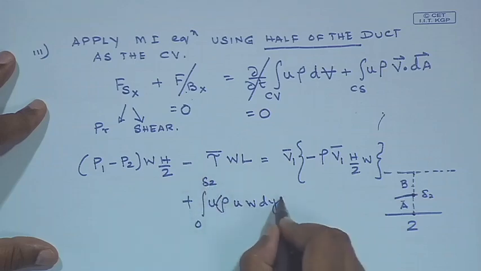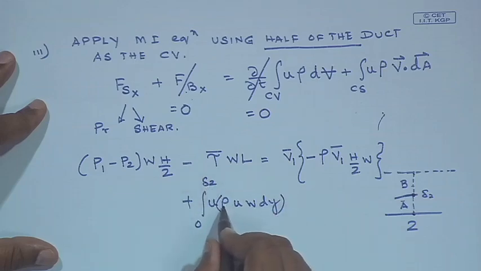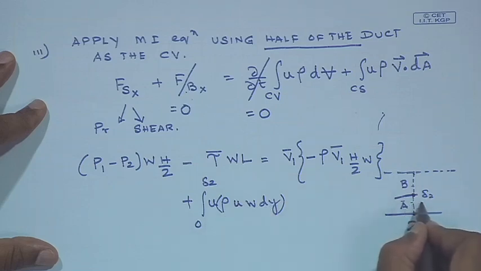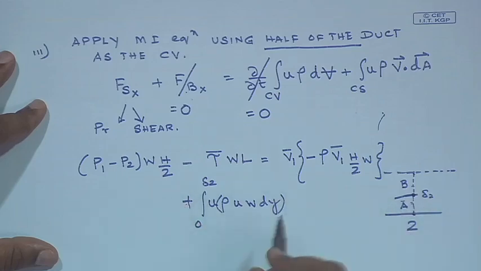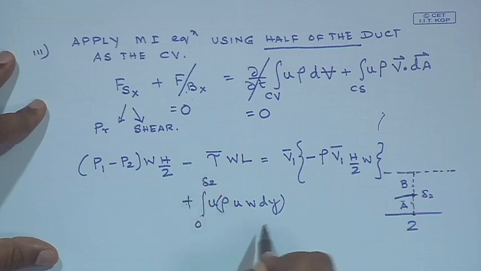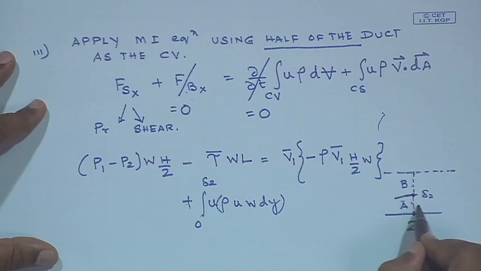So, the integration of rho u w dy is the mass flow rate which leaves the control volume. It is to be multiplied with the local velocity and integrated from 0 to delta 2 to obtain the rate of momentum which goes out of the control volume because of the flow.